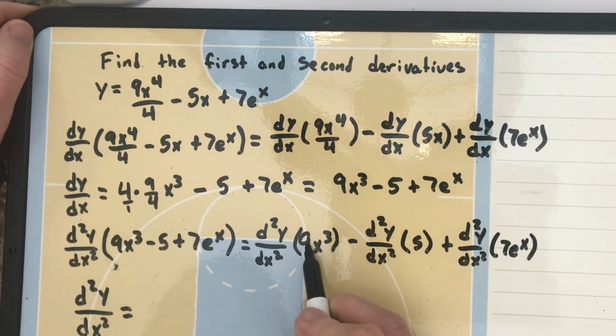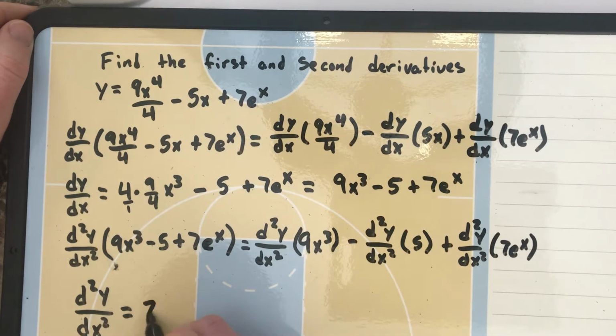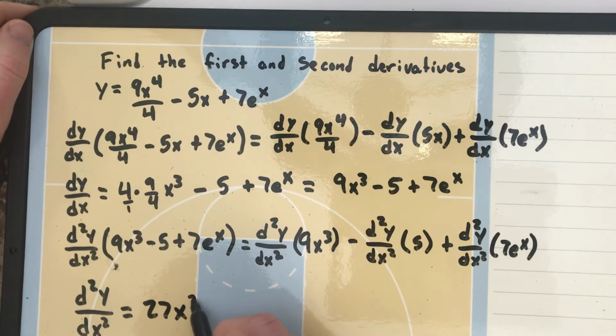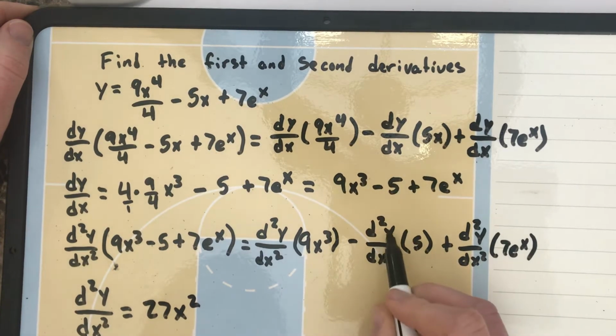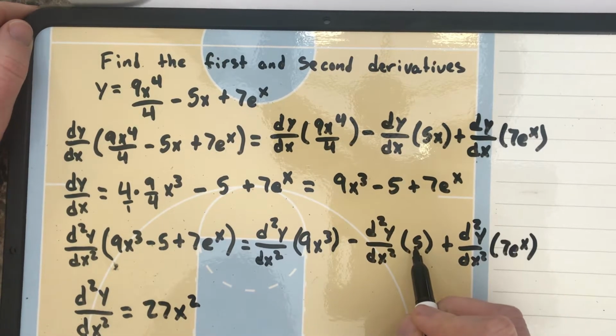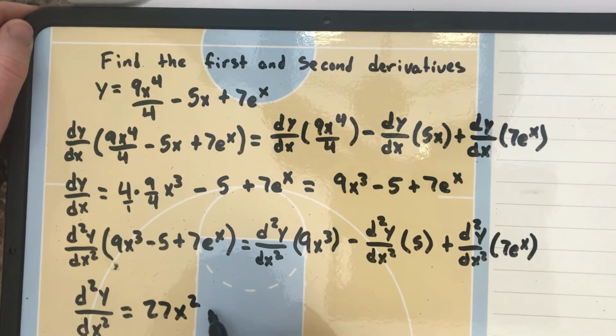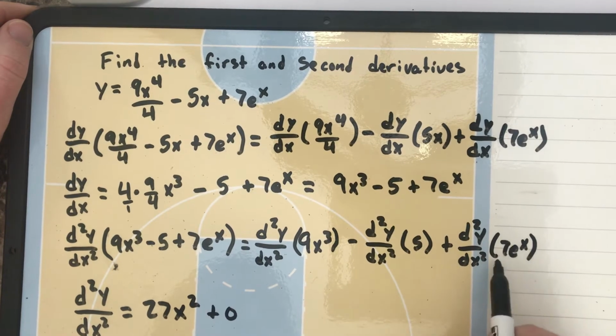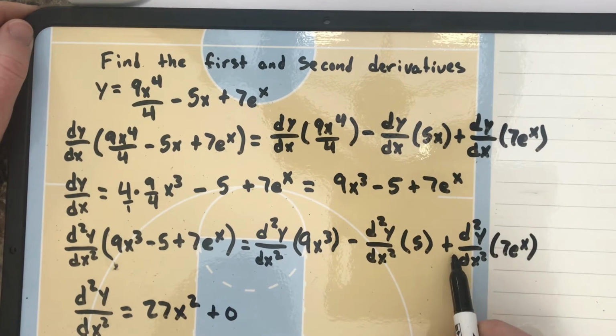So the 3 comes down. 3 times 9 is 27. So we end up with 27x. We go down by 1 power, so that's x squared. Derivative of a constant is just 0. So I'm just going to say plus 0 here. And then the derivative of this, remember we can bring the 7 out front from that rule that we had earlier with the constants multiplied.